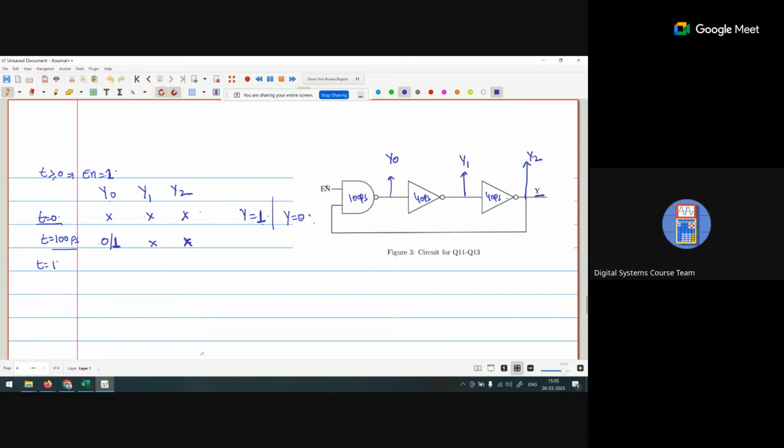At t equal to 140 picosecond, if it is a 0, we are getting a 1 here, and if it is a 1, we are getting a 0.